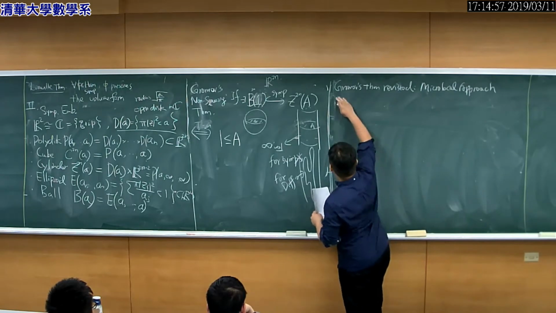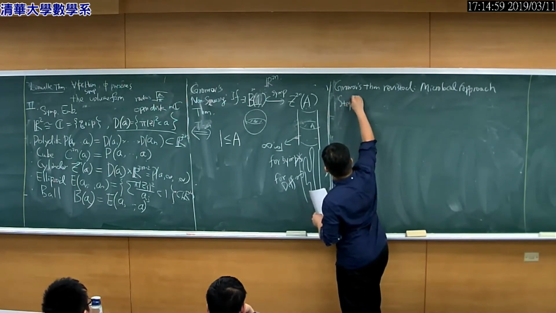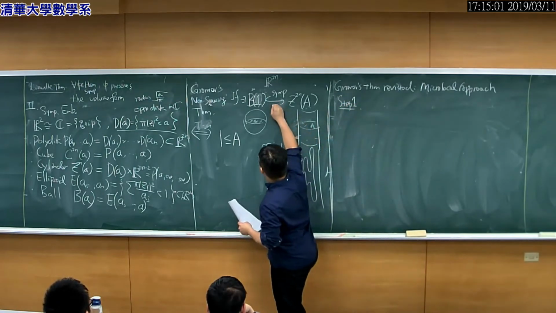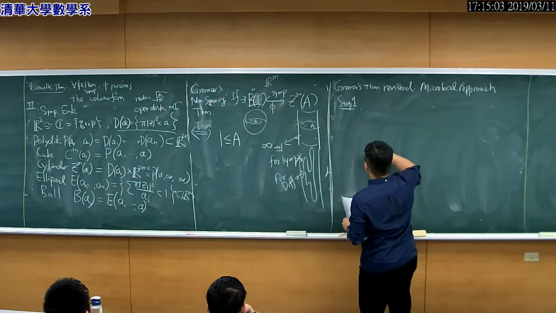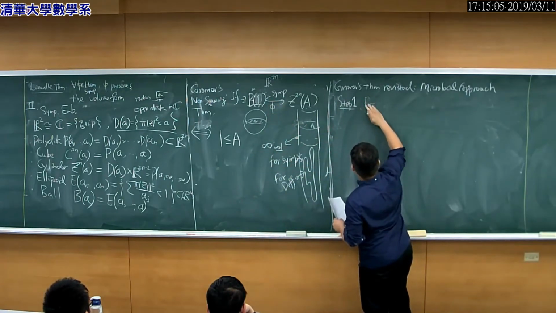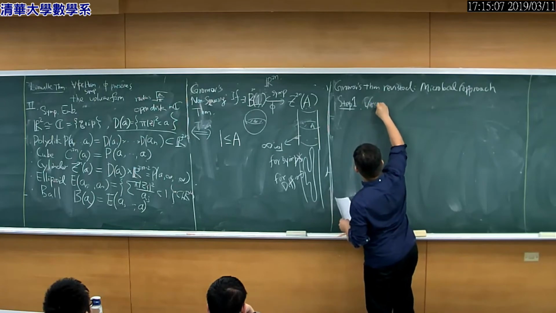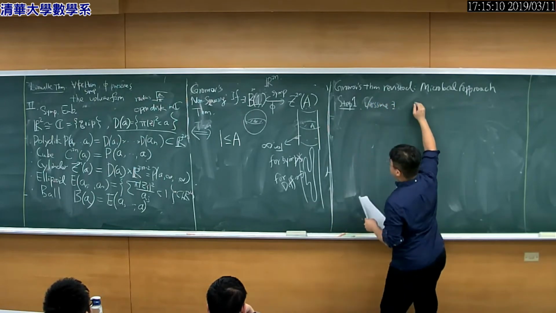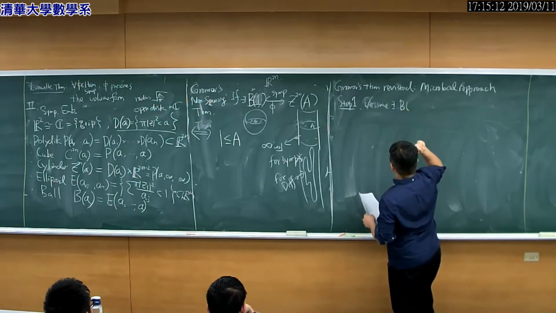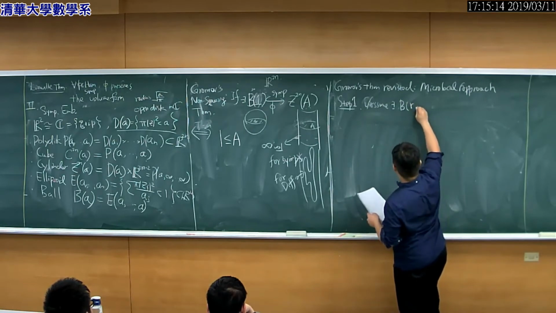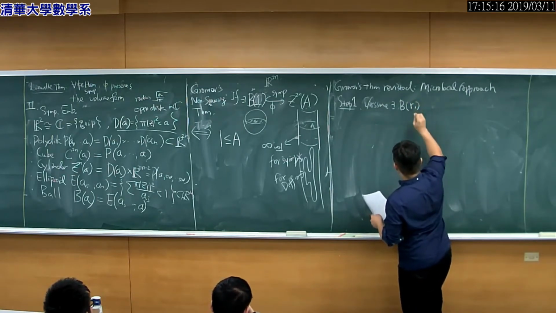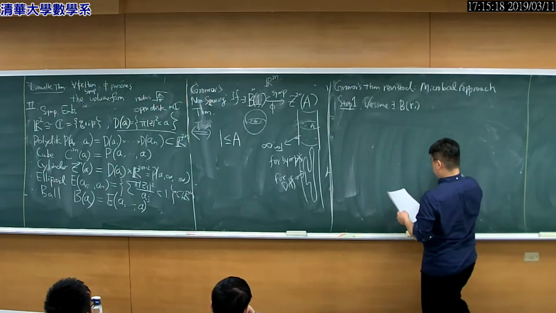So the first step, say there is such a map C. I'm going to do it in a more general case.